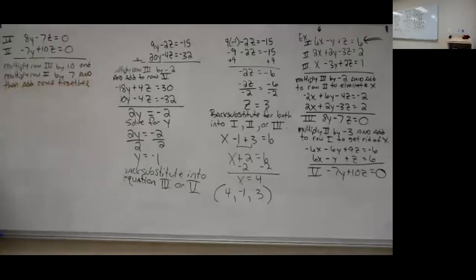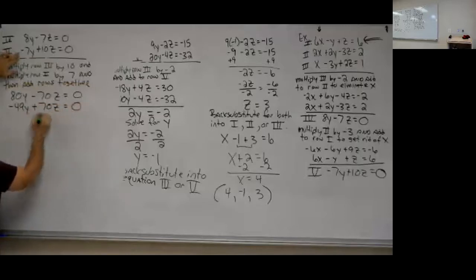So here we go. Multiply row 4 by 10. That'll give me 80y minus 70z equals 0. Multiply row 5 by 7 will give me negative 49y plus 70z equals 0.